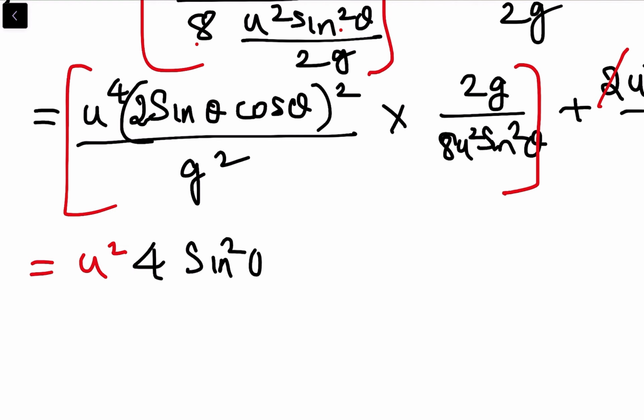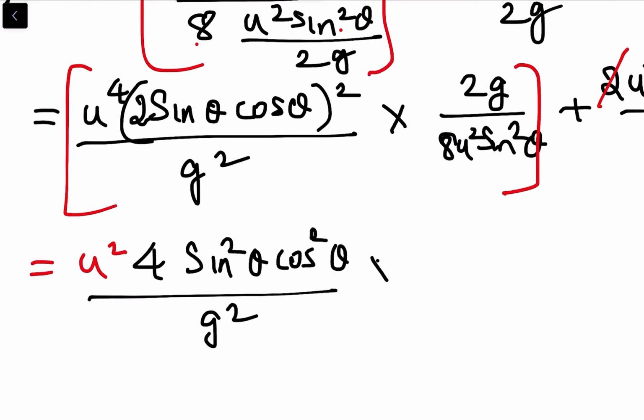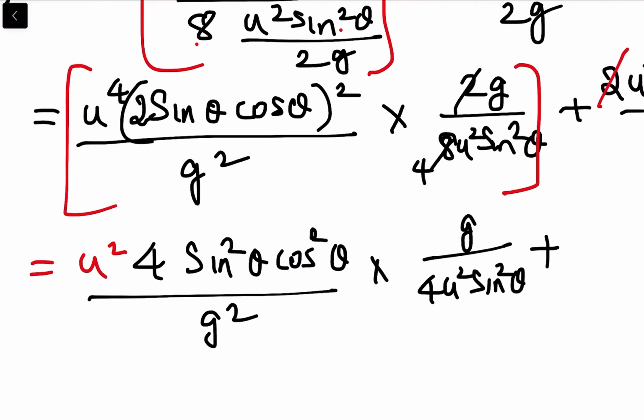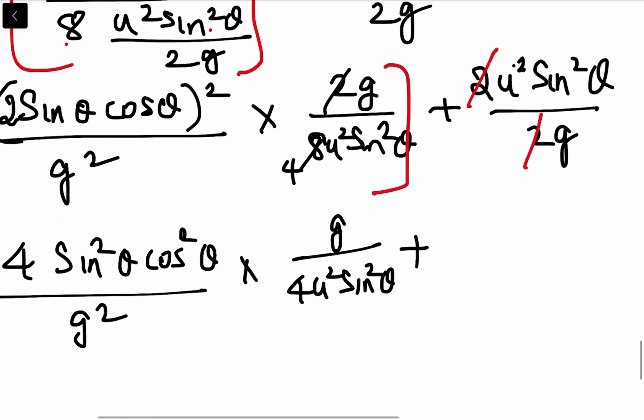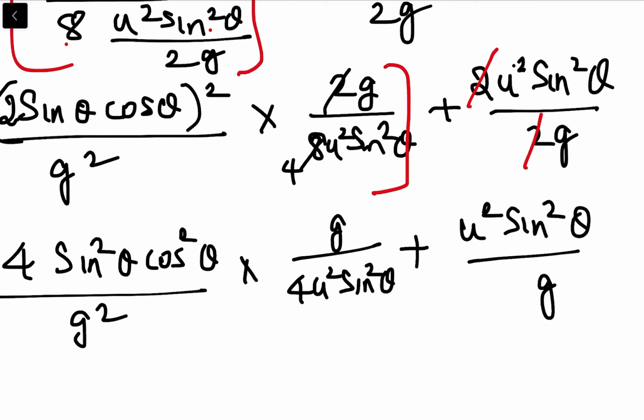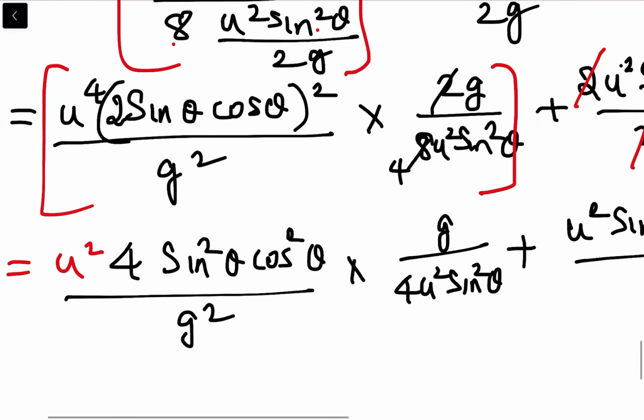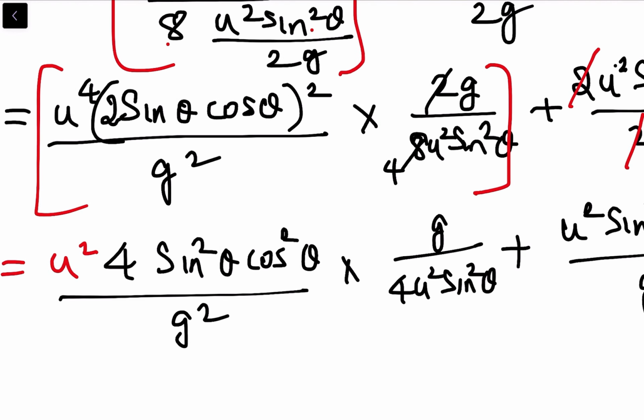Sine square theta cos square theta by g square into g by 4 u square sine square theta, plus u square sine square theta by g. Then what all can we cancel? Let us see.